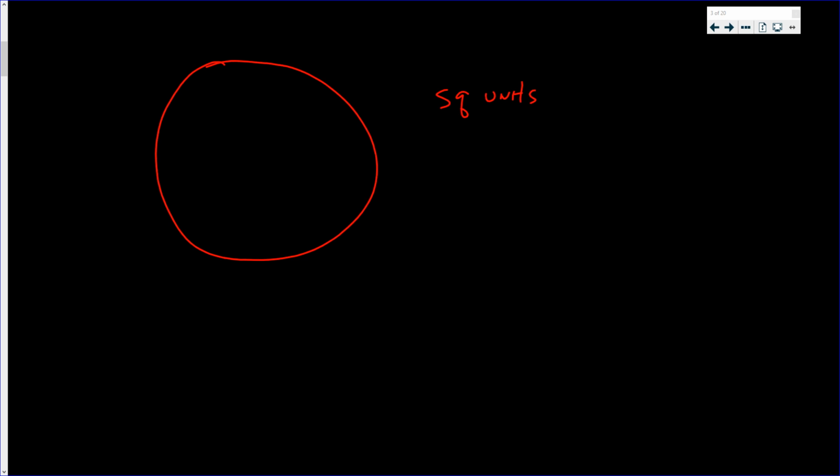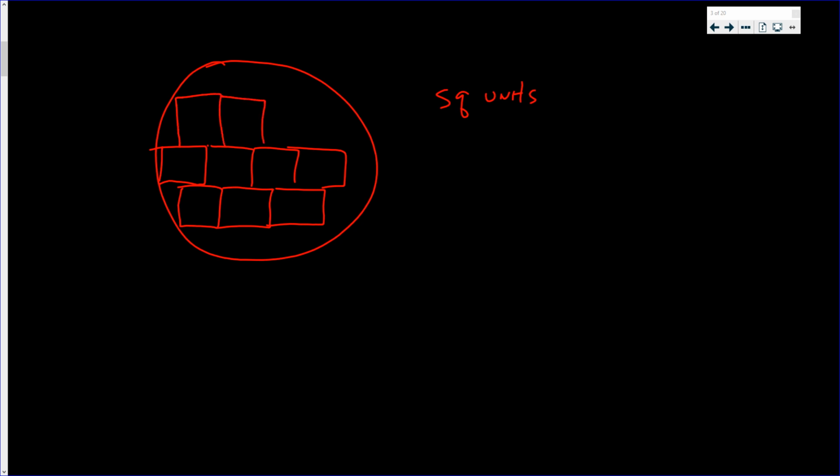Well, let's imagine this is 1 square foot. And then you have a second and then a third. And here you have a fourth, a fifth and a sixth and a seventh and an eighth and a ninth and a 10th and an 11th.